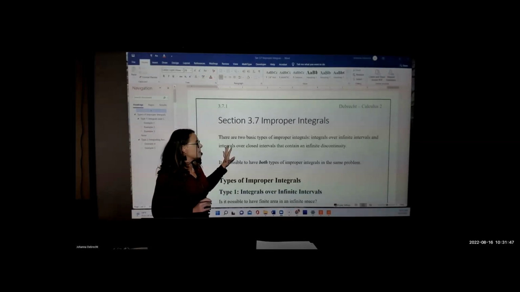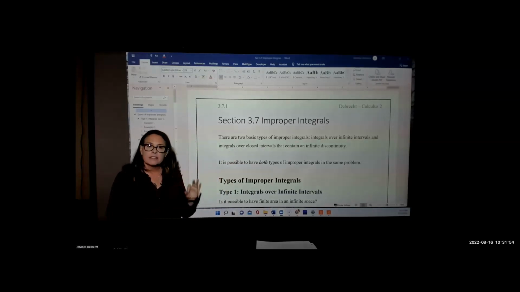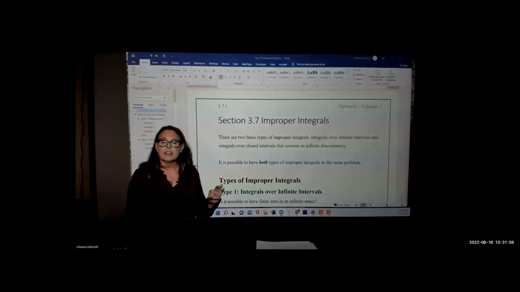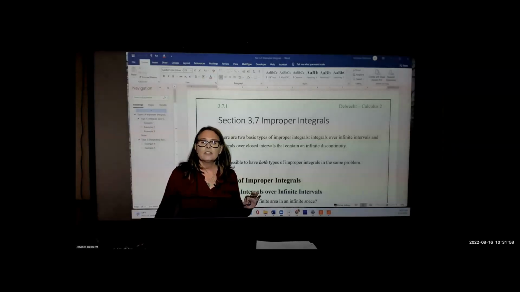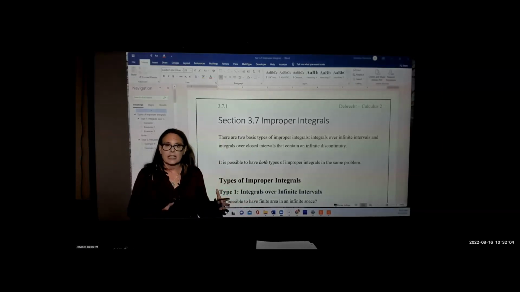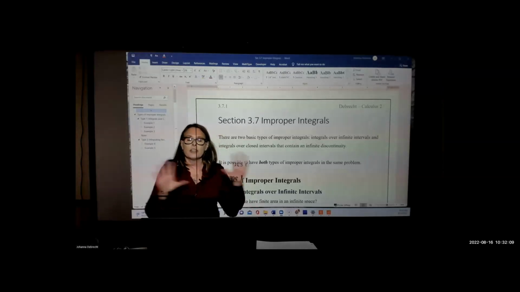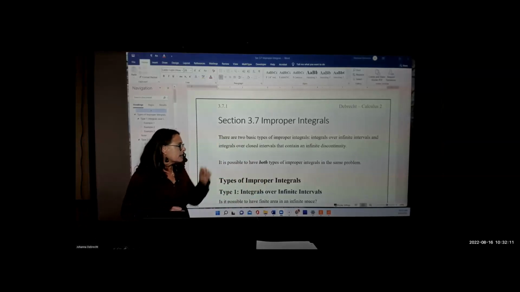One of the types has to do with integrating over an infinite interval. In other words, one of the limits of integration is infinity or negative infinity. So instead of integrating from, say, 1 to 5, we're integrating from, say, 1 to infinity, or even from negative infinity to positive infinity, so over the entire range of the x-axis.